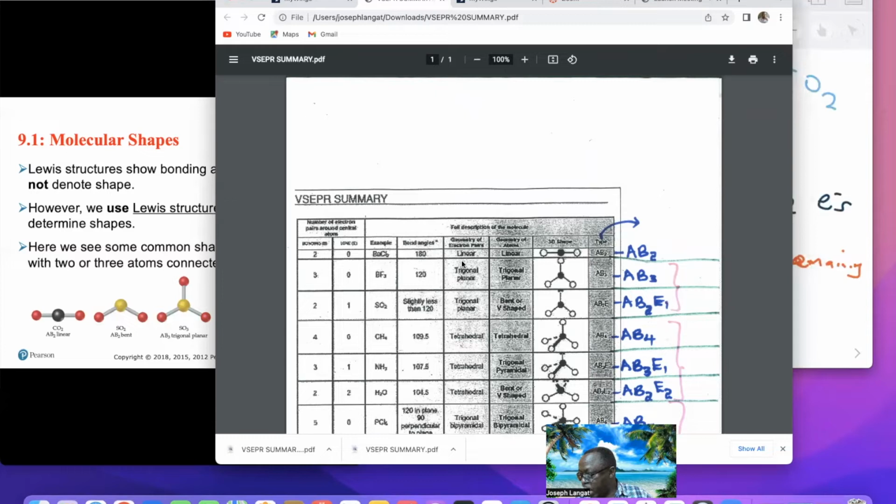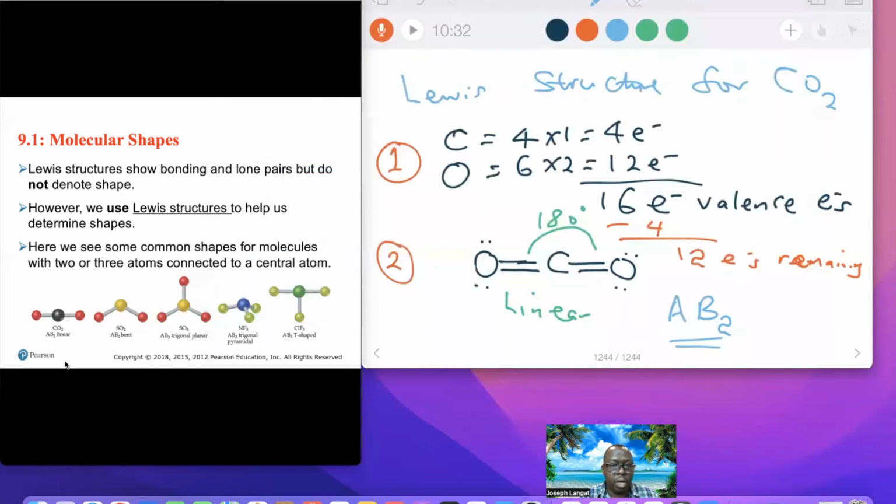This is the bond angle. You will also have to remember the bond angle. Remember the bond angle between external atoms: the bond angle is formed between the external atoms and the central atom. So for CO2, it is linear.